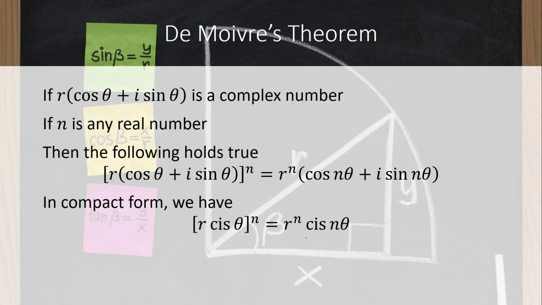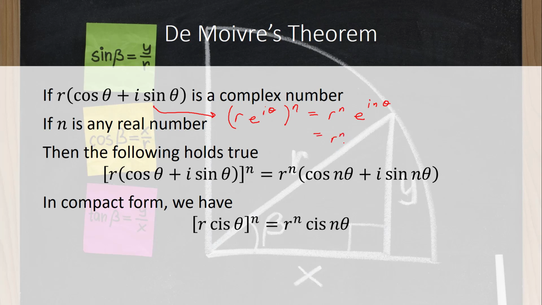And actually, this is very, very easy to prove. We're going to prove this using complex exponentials, and of course, we've pretty much already done it. This, as a complex exponential, can be written as r times e to the i theta. If I raise that to the nth power, I am going to have r to the nth power times e to the i n theta.